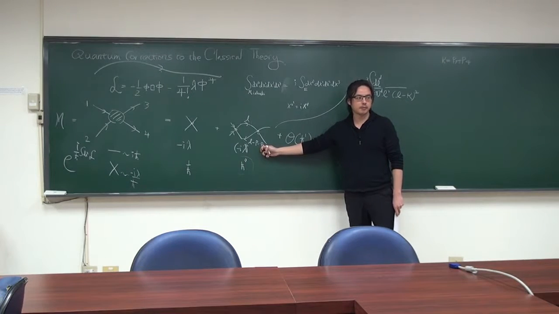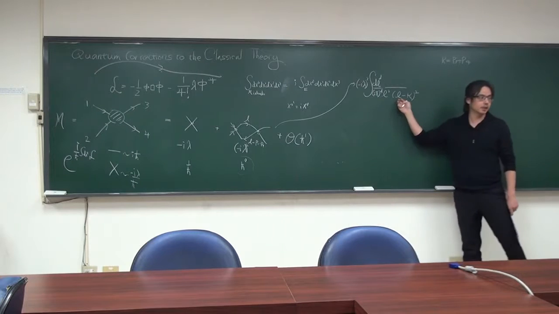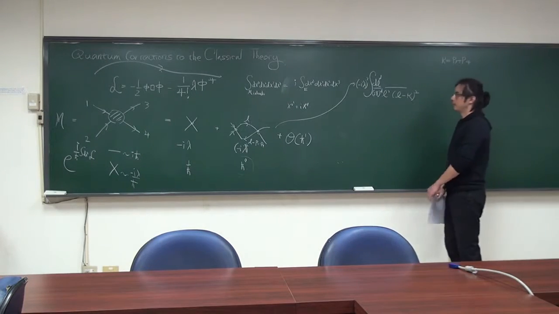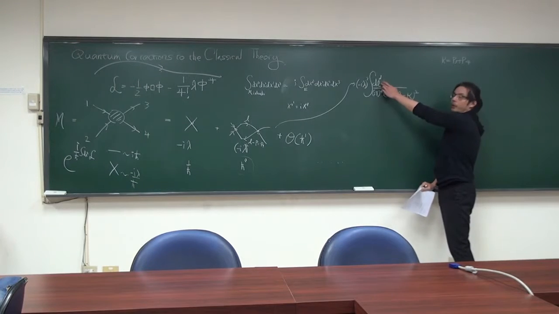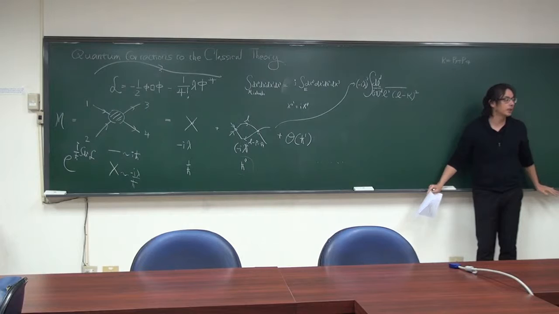This diagram is the first quantum correction, and the answer is given by this integral. We've seen from last time that if we're sitting in 4 dimensions, because there's 4 l's here, and when l is large, there's also 4 l's here, that means there's a divergence. There's a logarithmic divergence in this integral.